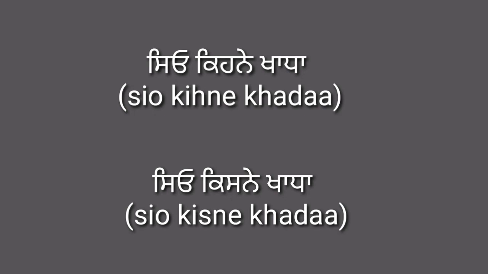Kisne is a little bit formal. When people talk, they just use kene instead of kisne. Seo kene khada means who ate the apple. So basically, when you're mentioning somebody in general, who means kaun. But if you're going to mention an activity, then it's going to be kisne or kene.